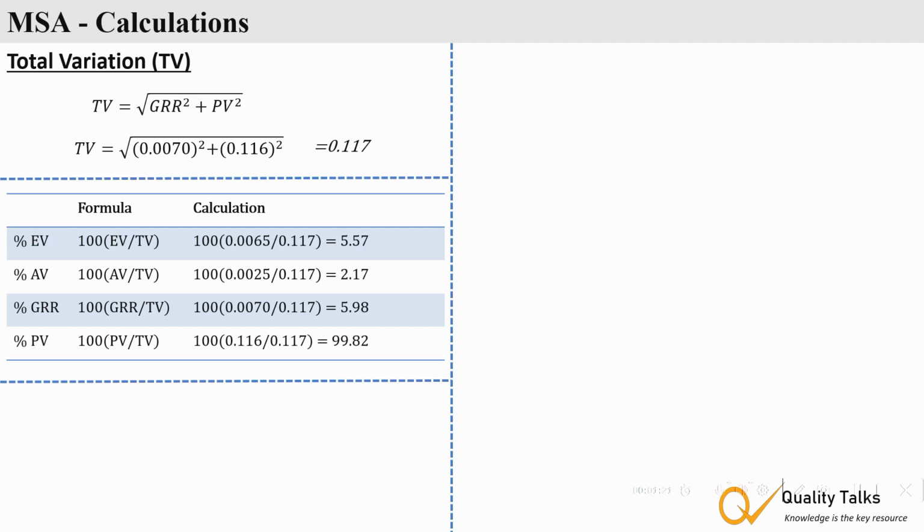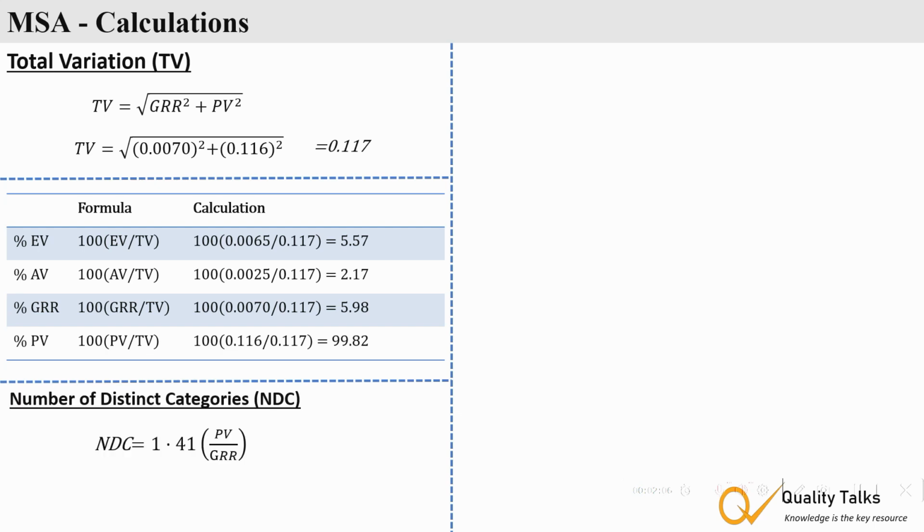To get the value of percentage EV, we will divide EV by TV and multiply it by 100. With this calculation, percentage EV came as 5.57. Similarly, we will calculate percentage AV, percentage GRR and percentage PV.